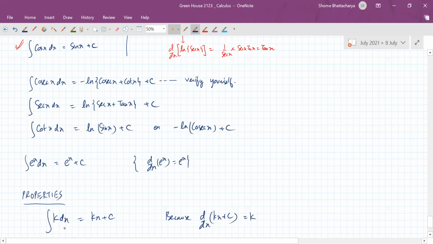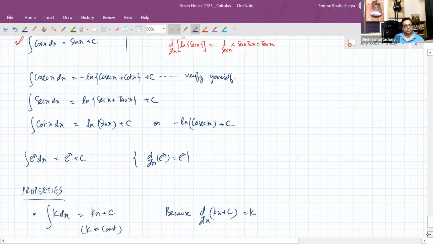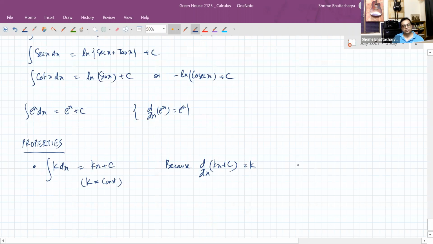So here k is a constant. This is the first of the three properties. So for example, if I say integration of 3 dx, this will just be 3x plus c.